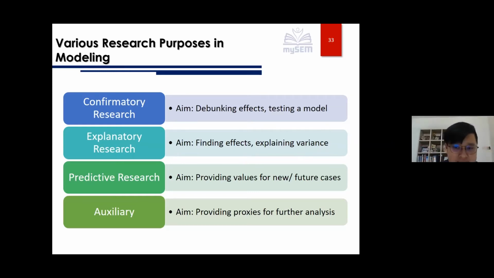But when we are seeking pure confirmatory research, then we have covariance-based SEM, Amos, and PLSc. The last but not least is auxiliary. Auxiliary is about if you plan to use proxies for your concepts, especially using secondary data, where you study performance, sales, profit, ROI, ROE. That is another type of modeling.